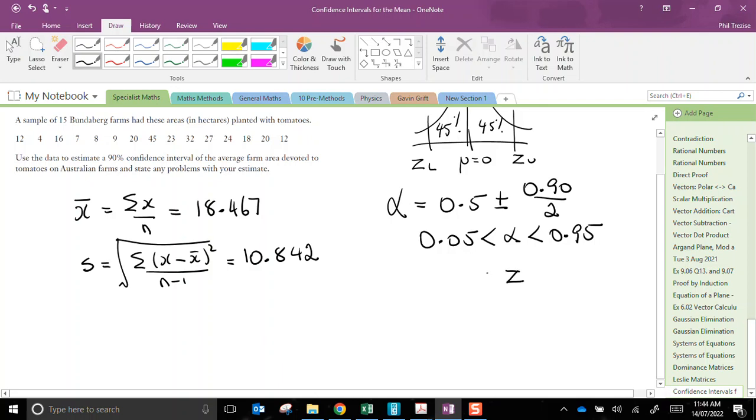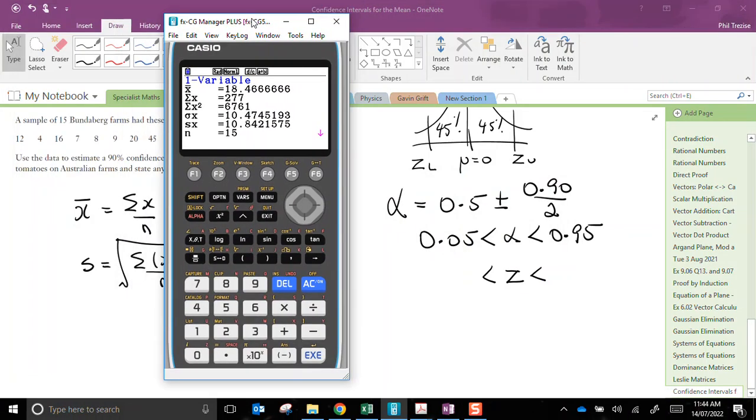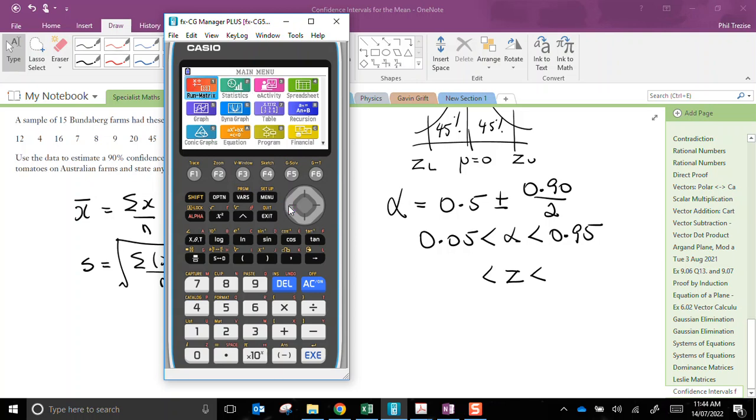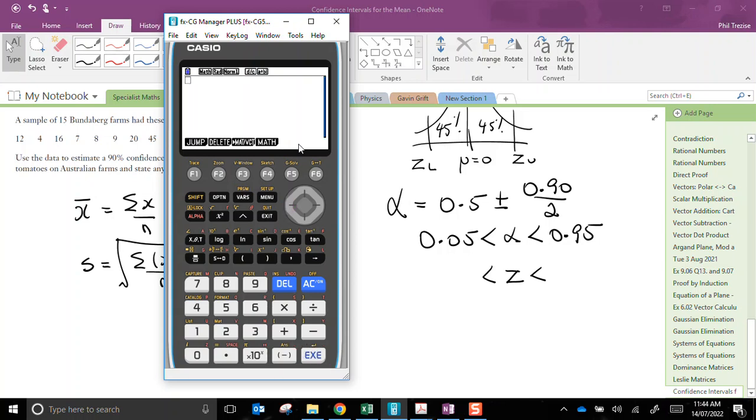So what would be the lower and the upper Z score? Well, fortunately, I have a graphing calculator to help me. That's the sort of thing that we could have used a standard normal curve table for in the past, but now we just use our graphing calculator.